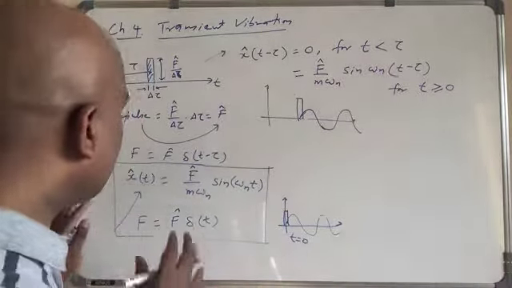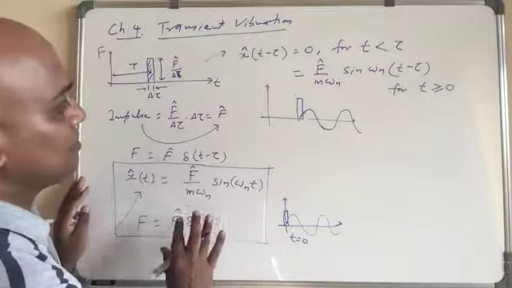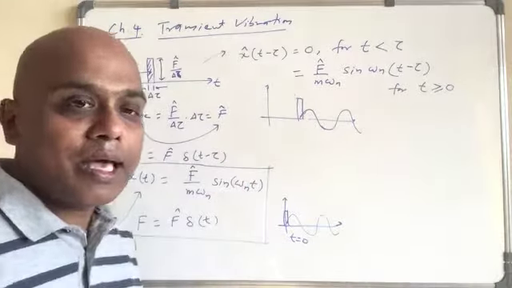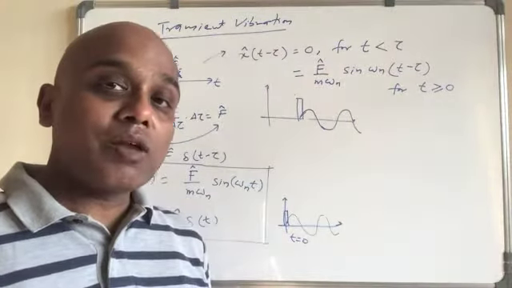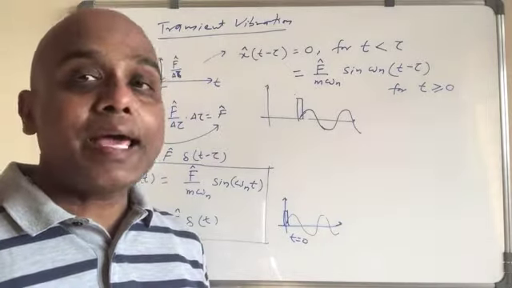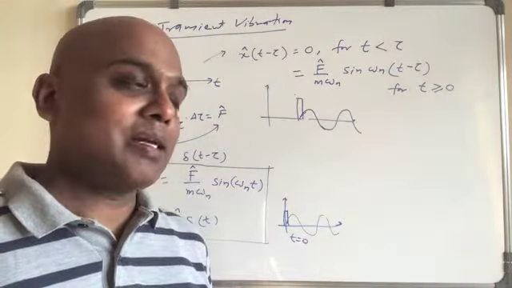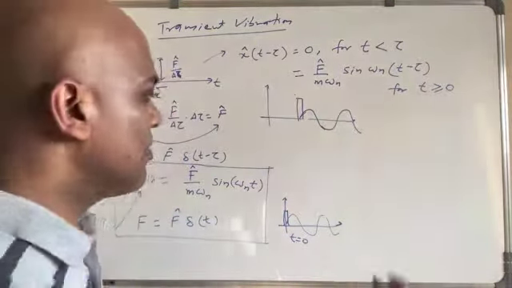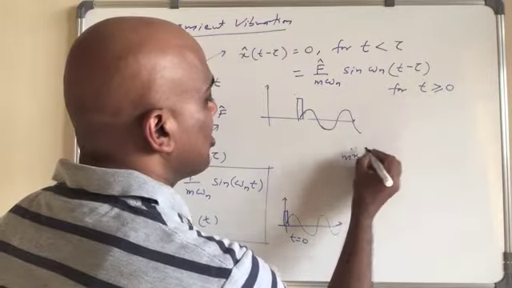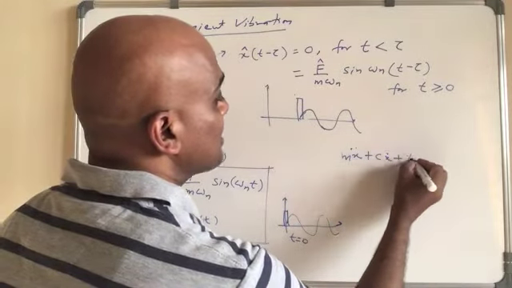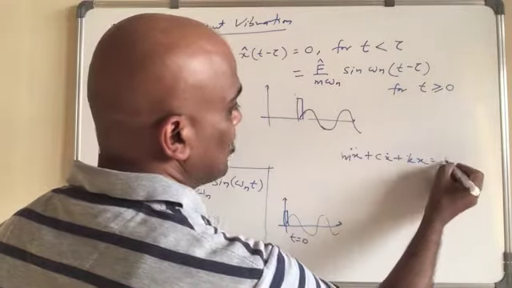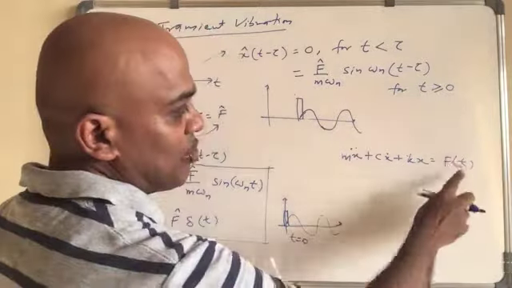How can we use this solution to find the solution for any type of force applied? We have used different kinds, right? So we used, for example, m x double dot plus c x dot plus k x equal to any kind of force we apply.